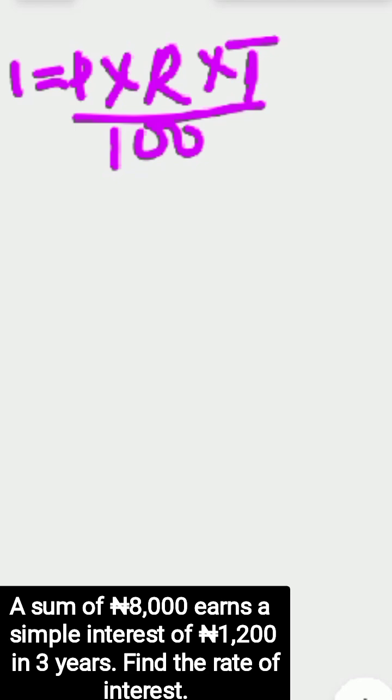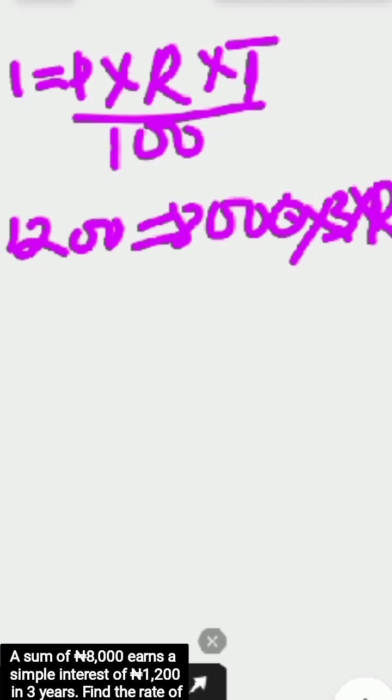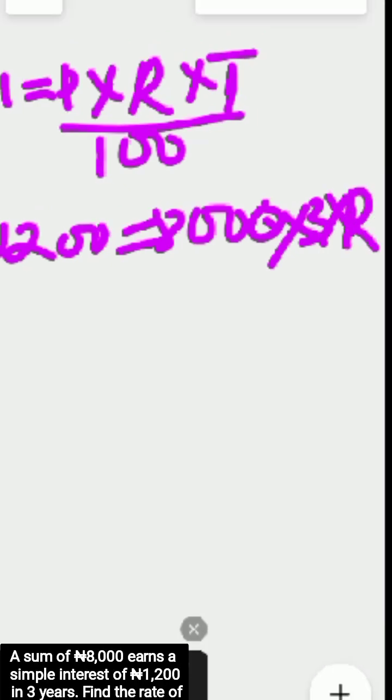In this case, our interest is 1,200 naira. 1,200 is equal to, principal is what? 8,000. The principal is 8,000, times 3 times R, all over 100.